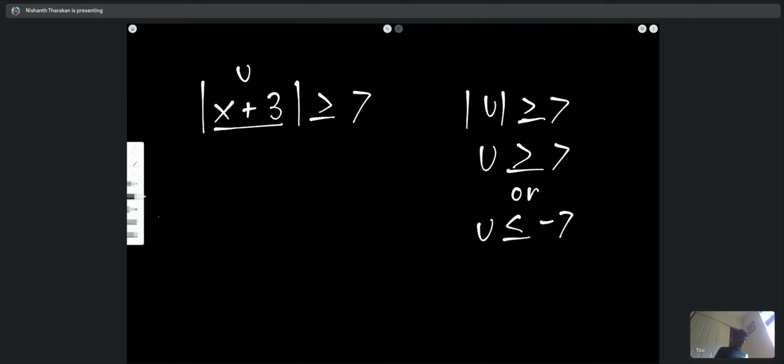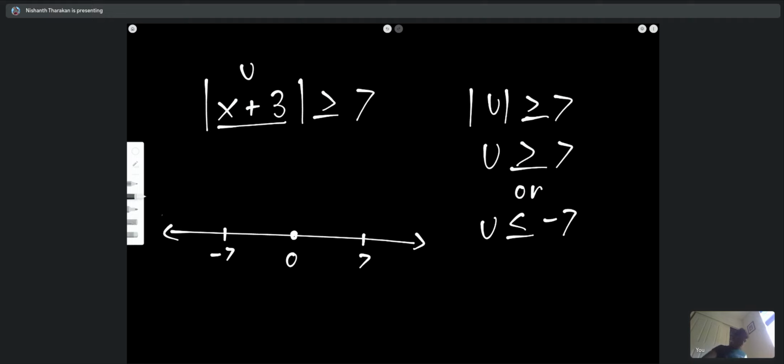Let's bring back our number line. Now let's say this is where 7 is. This is where negative 7 is. And let's just name 2 more points. This is 9. This is negative 10. So let's take the absolute value of 7. That equals 7.